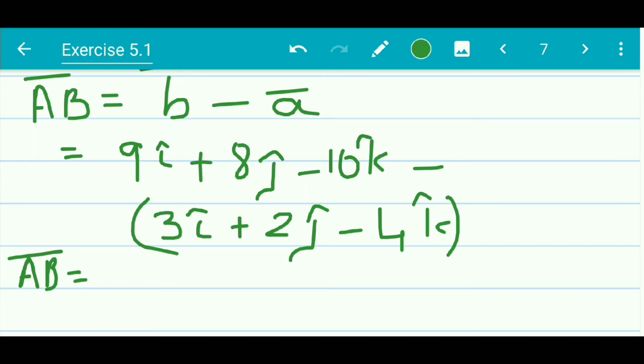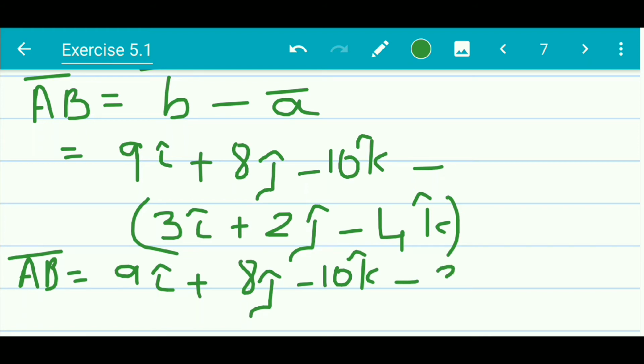So AB comes out as 9i plus 8j minus 10k, and opening the bracket, we get minus 3i minus 2j plus 4k.